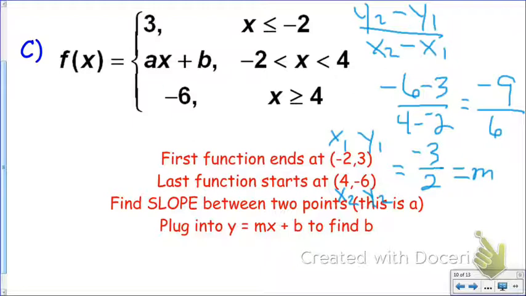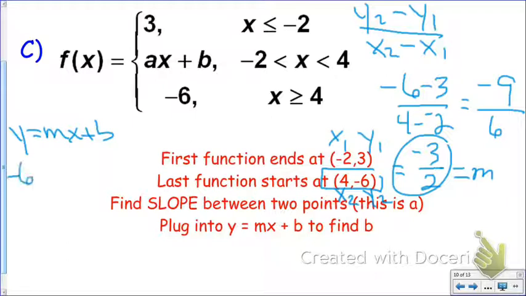So we're going to go to our y equals mx plus b form. We're going to plug in -3/2 for m, and we can select either ordered pair for our x and y. I'll choose the second one, just for fun. So we're going to plug in -6 for y. Our m is -3/2. X is 4 plus b.